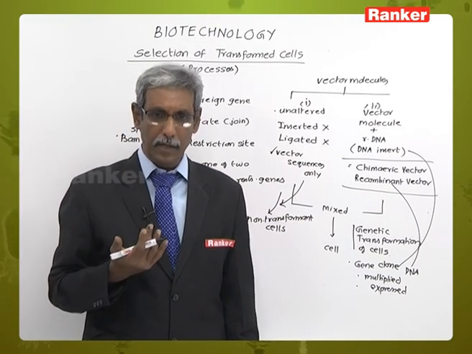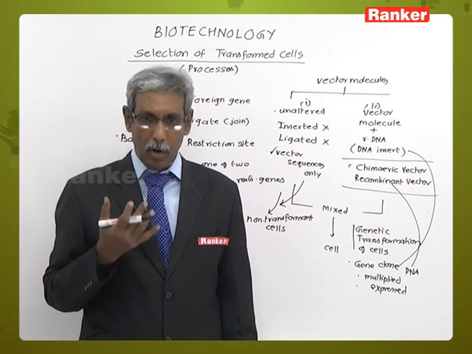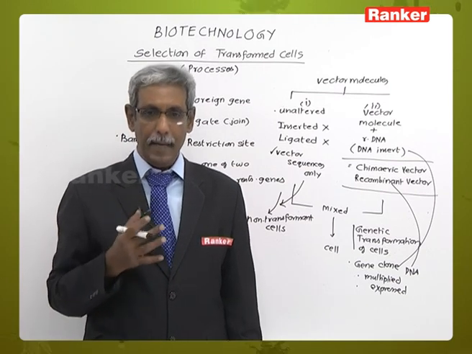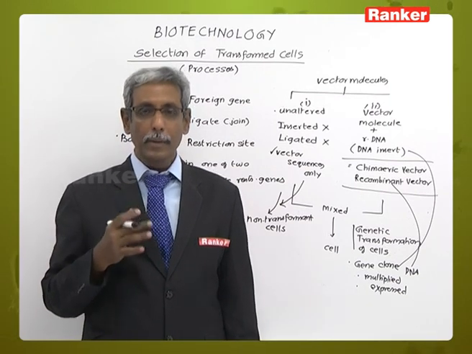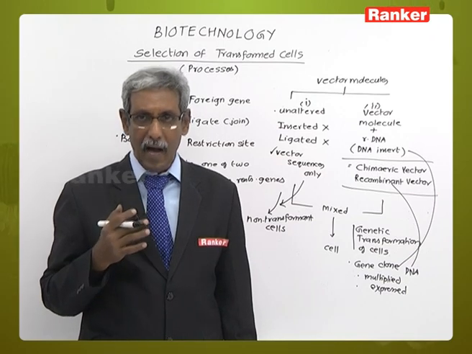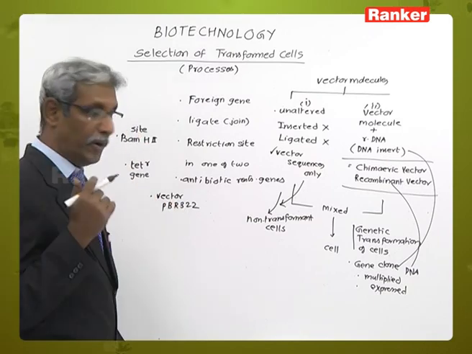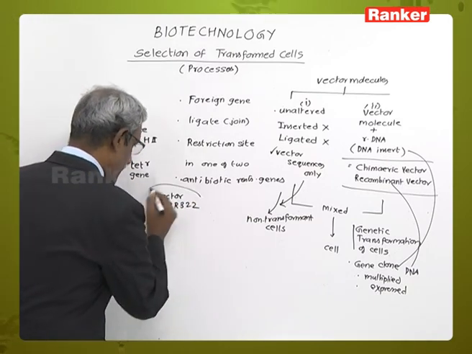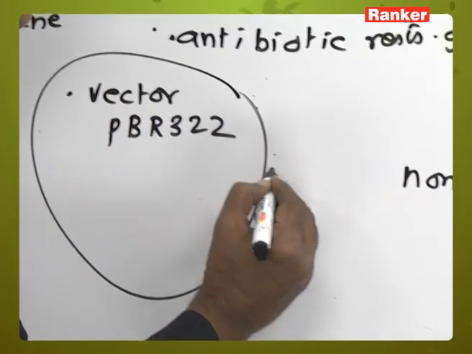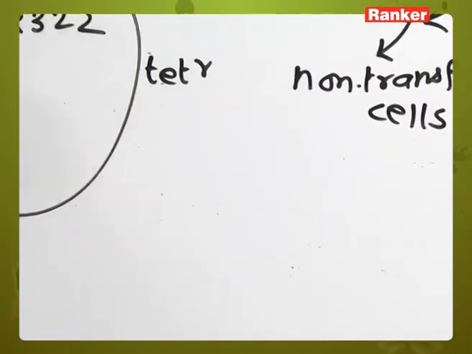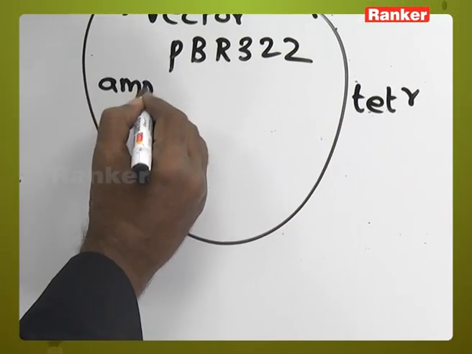Because it is unaltered, the vector can grow in both mediums, which are rich in AmpR and TetR. So, this is a very important point for you to understand. When you take a pBR vector, it has got a TetR and it has also got an AmpR.